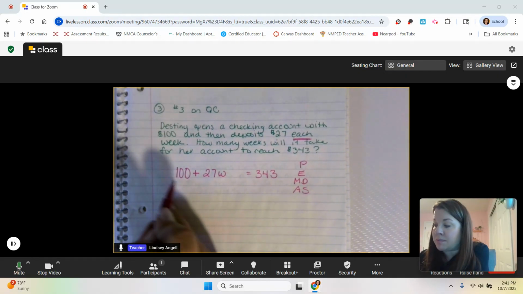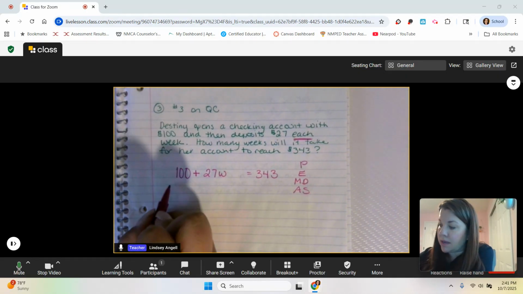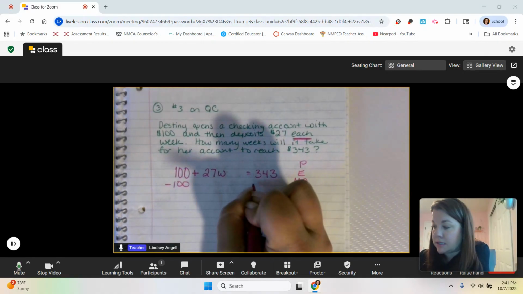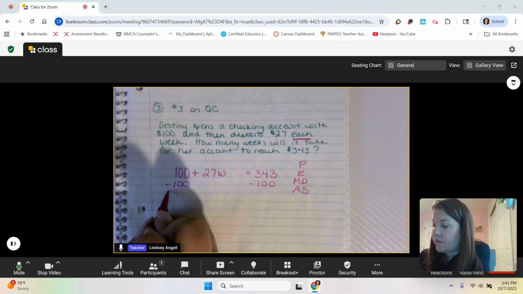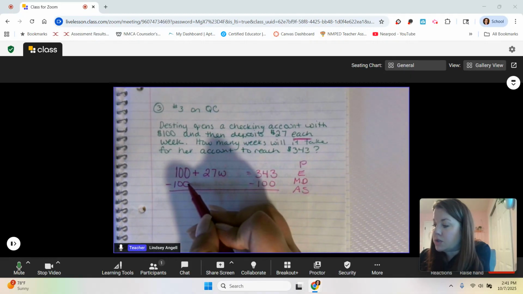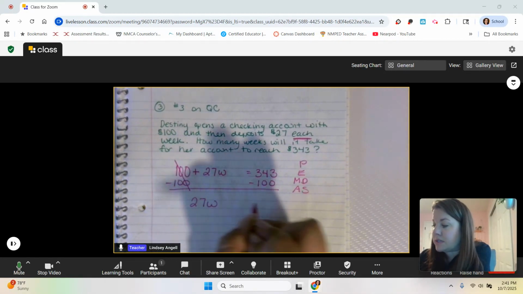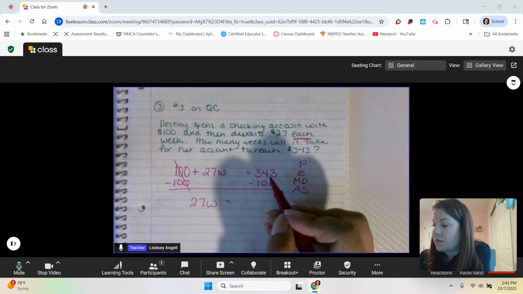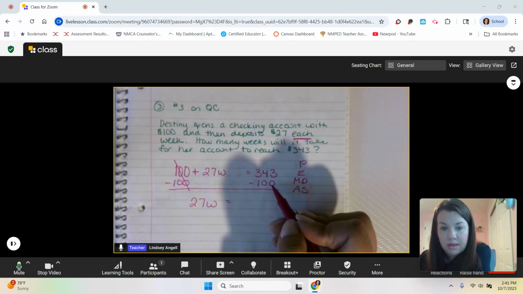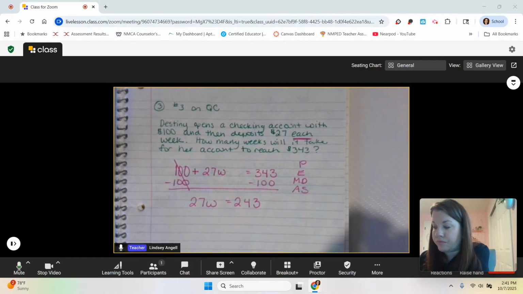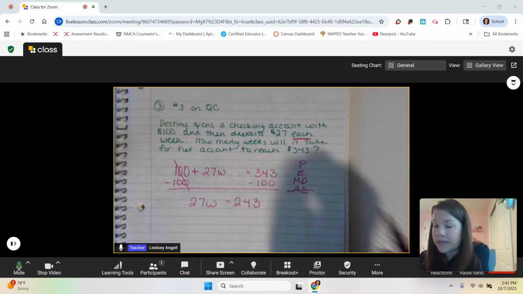Right now I've got this positive $100, so to get rid of it I need a negative $100, or I need to subtract 100 from both sides. 100 minus 100 is 0, so those cancel out, and I'm left with 27W equals, and then 343 minus 100 gives me 243.